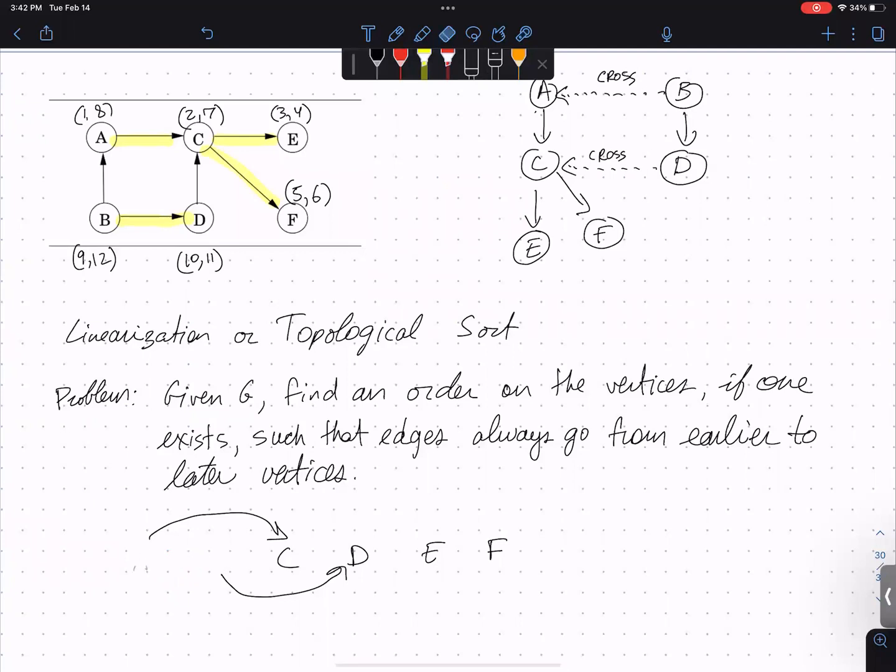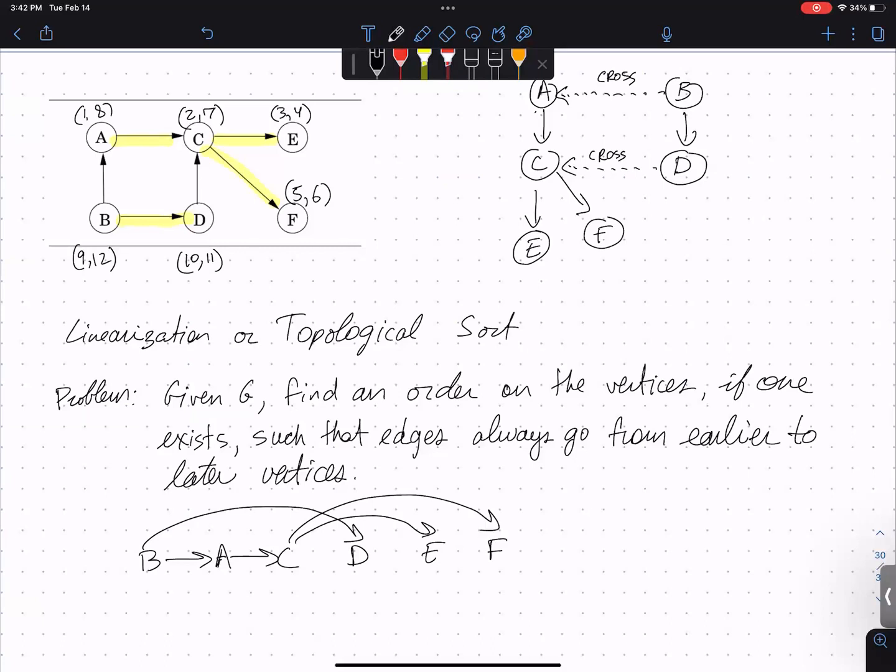So let's try to fix it. Let's put B before A. So now we have from B to A and from B to D. From A, we have a thing to C. From C, we have to E and to F. From D, we have to C. All right, so we have a problem.